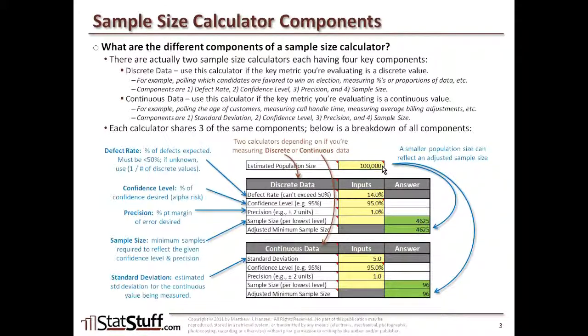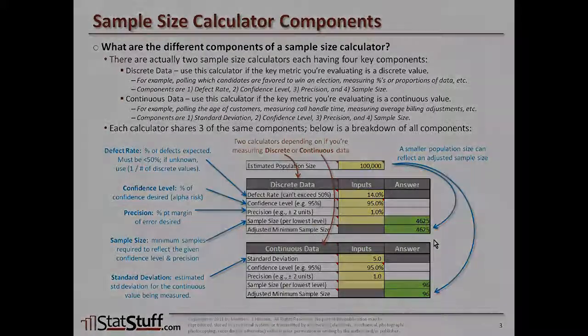The greater that I make this population size is not going to change at all the sample size that's needed to be collected. However, if you're going to reduce your population to something smaller, then you may see the adjusted minimum sample size getting smaller, which means you can use that. So between the two numbers that are available, you can just select whichever one is smaller, and that could be your minimum sample size that you need to collect for that particular data analysis.